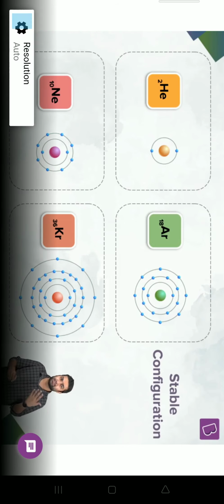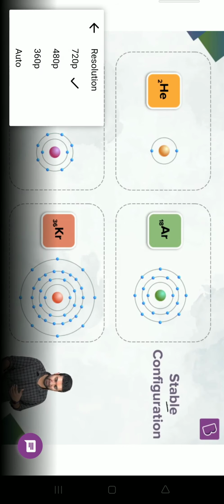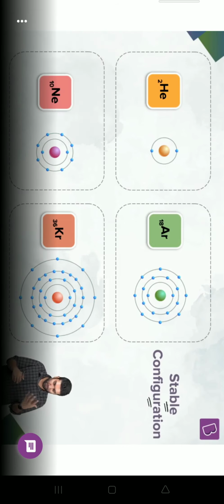That is the stable configuration. As you can count over here, all of them have a total of 8 electrons in their outermost shell. Obviously now we know this is because of the fully filled s and p subshells, ns2np6.